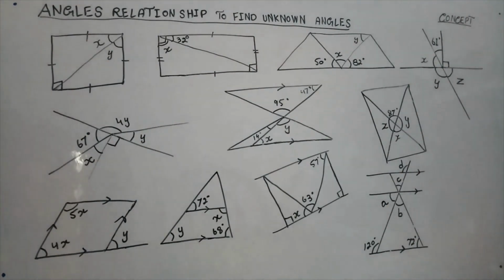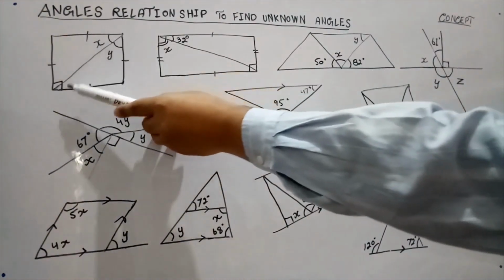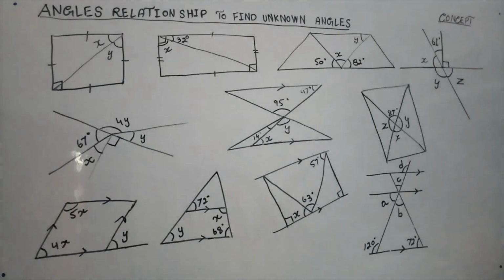These four sides are equal in length, and it is also said that 90 degrees is present here. Actually it is a square, and if we have a square, let me draw a square here first.